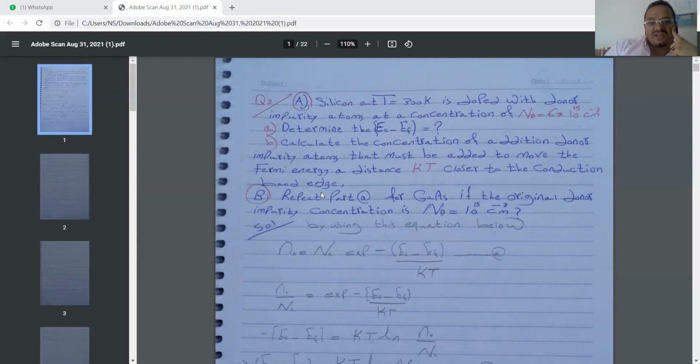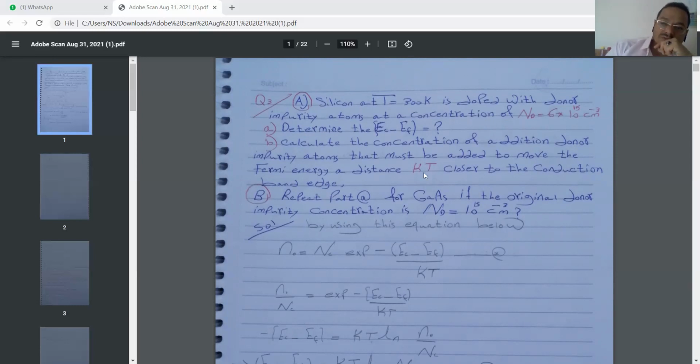We have ND2, that means the new concentration of donors, and we have another element, ND prime, which is the difference between the donor concentration 2 minus the donor concentration 1.